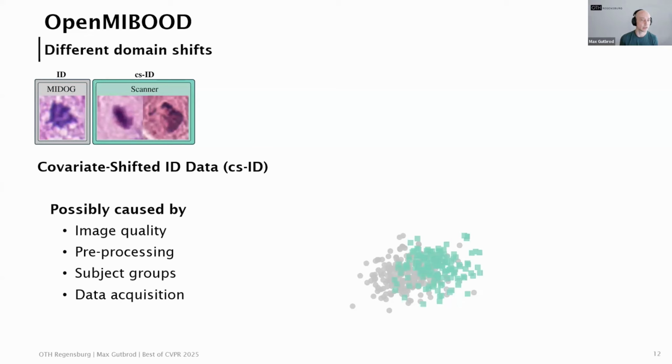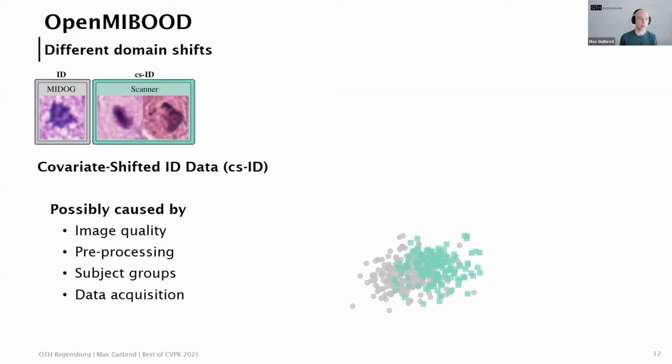And here the colorization, contrast, or sharpness of the depicted cells is different from our in-distribution data. But due to their similarity, we still expect the CSID data to be quite close to our original data distribution, and that we can see on the right with the green squares.